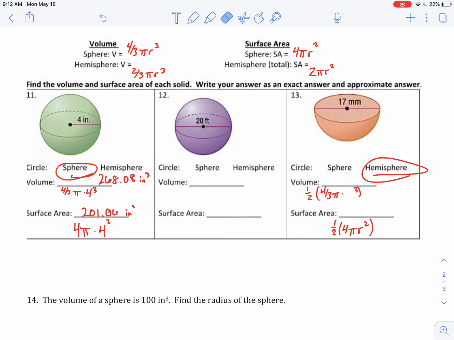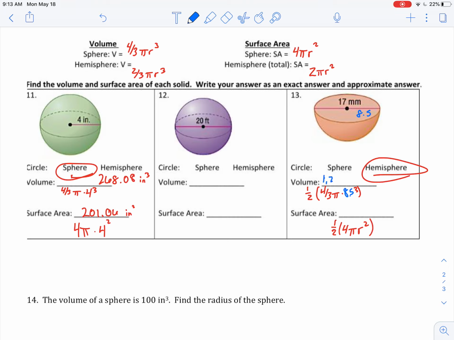I've made a mistake here, and the mistake is my radius is not 17. My radius is half of that. It's going to be 8.5. So I'll take 8.5, cube that, times 4/3 times pi. And then I'll divide that by 2 because I only have half a sphere.